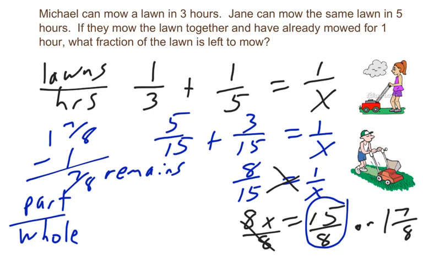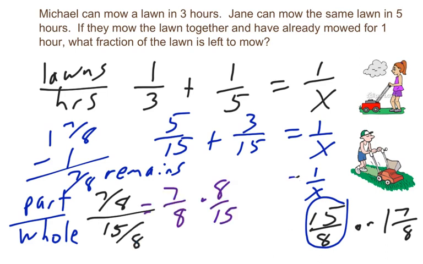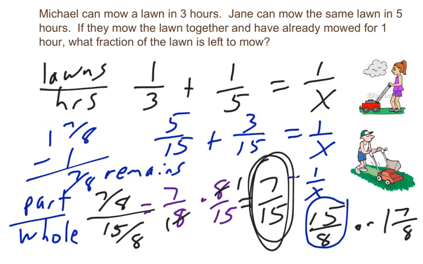They've already mowed for 1 hour, so 7/8 is our part of what remains over the whole, which is the 15/8. And then we just multiply by the reciprocal, which is 7/8 times 8/15. Our 8s are going to cancel, and we just get 7/15 for our answer. Did you get 7/15? If not, try it again.